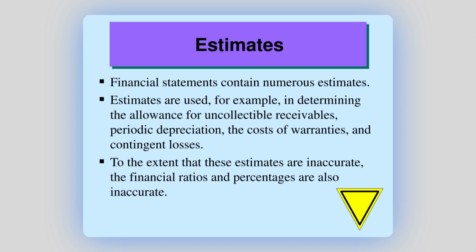Yung ating cost of warranties, okay? So, yung iba dyan class ay more on estimates. So the extent of these estimates are inaccurate minsan, and also the financial ratios and the percentage will be inaccurate. Okay, so that would be limitations.